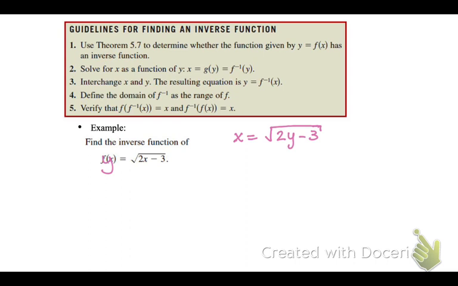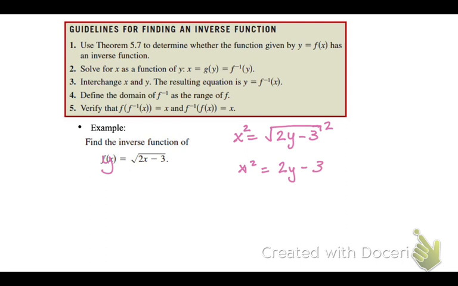Okay, so I'm going to solve this for y. So what do I have to clear first? Square root. So how do you undo a square root? Square it. So x squared equals 2y minus 3. Yep. And then? Well, you're solving for what again? y, so we need to bring the y out.